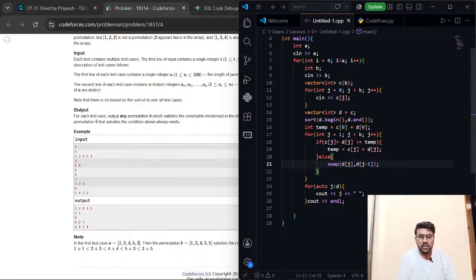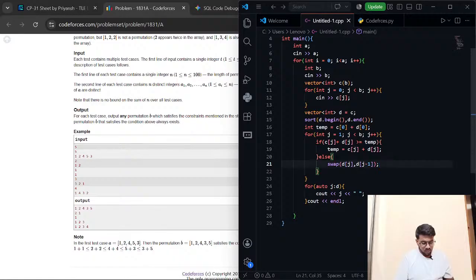Now we have t index. Let's check it manually now. Just debug it. We have 1 and 1 in ourselves. We are checking the next one, which will be 2, 4, 5, 3. This is 2. Temp is 2 now.